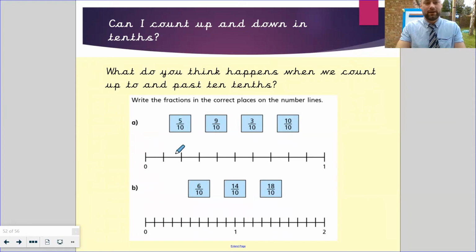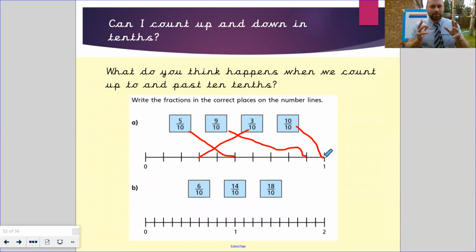So we go 1, 2 tenths, 3 tenths, 4 tenths, 5 tenths. So 5 tenths is on this one here. 9 tenths, let's count on: 6 tenths, 7 tenths, 8 tenths, 9 tenths. So 9 tenths is this one here. 3 tenths is 1, 2, 3. And then 10 tenths is equal to 1 whole, so that goes to 1.